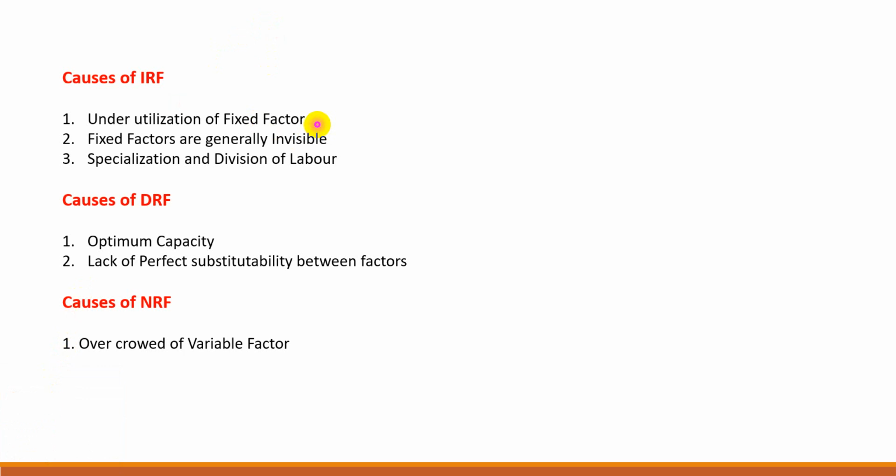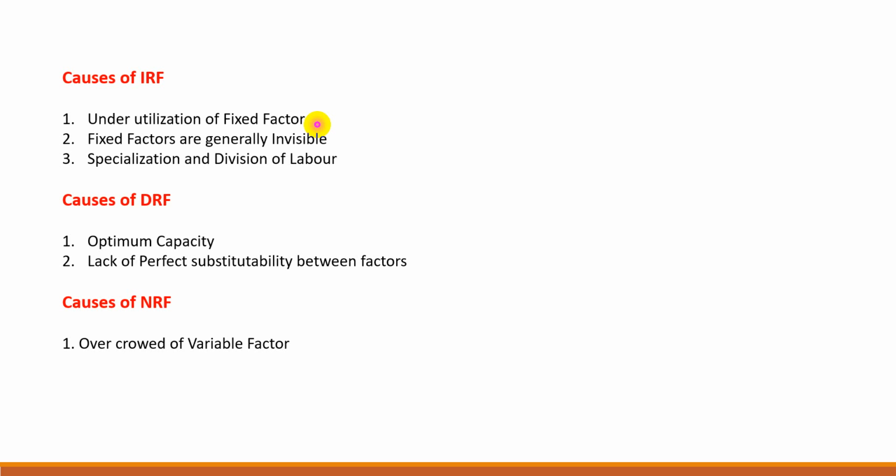The amount of fixed factor available in this stage is abundant. Fixed factors are more at the beginning relative to the availability of the variable factor. Therefore, the fixed factor cannot be optimally used due to the non-applicability of sufficient units of the variable factor.